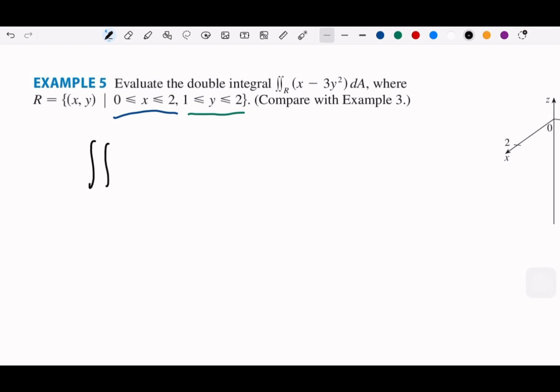We can start with x and then y, or start with y and then x. Now maybe we start with dx dy. So the inside integration will be x.